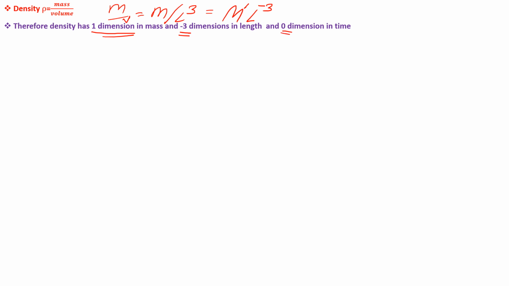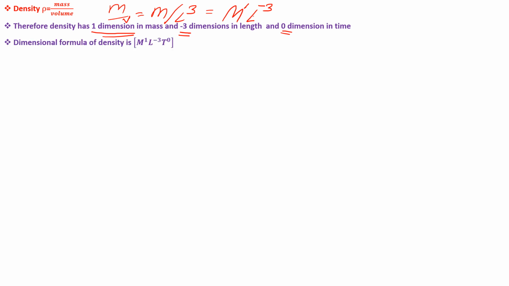So I can write m to the power 1, L to the power minus 3. That means by using the formula mass by volume equal to density, but volume is nothing but L cube, where L is nothing but the length. So m to the power 1 into L to the power minus 3 becomes the dimensional formula of density.